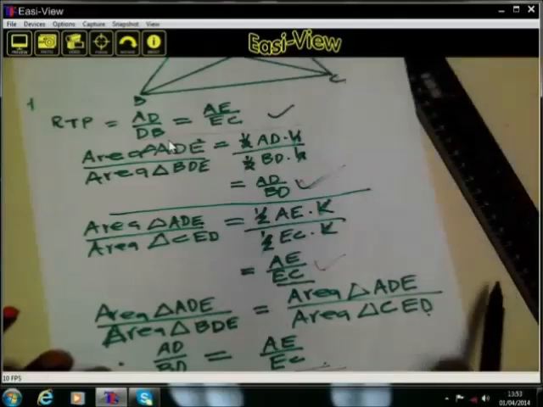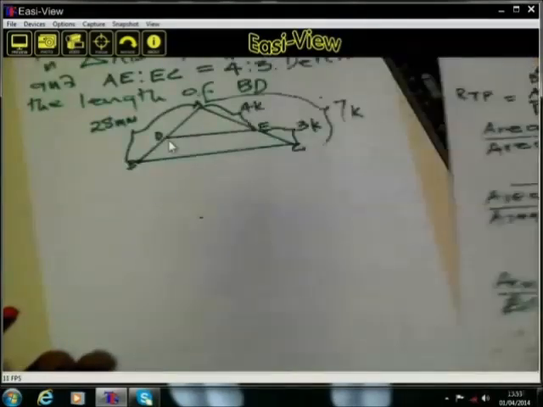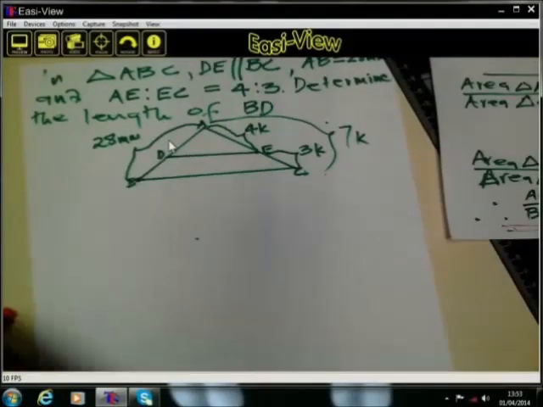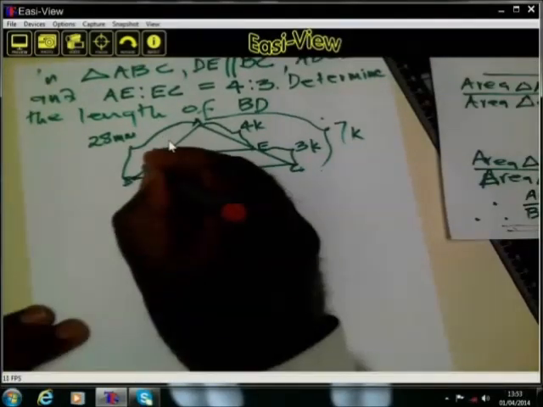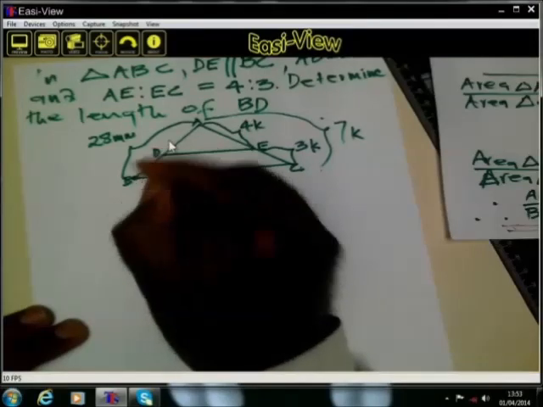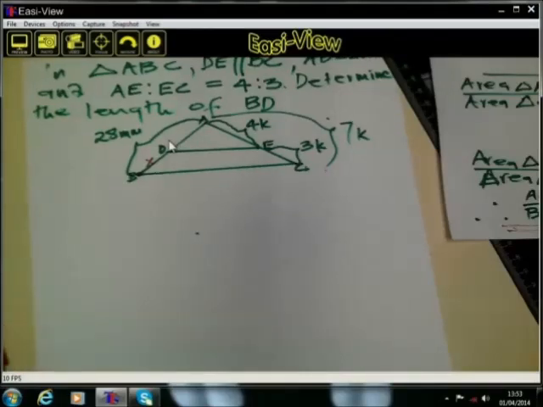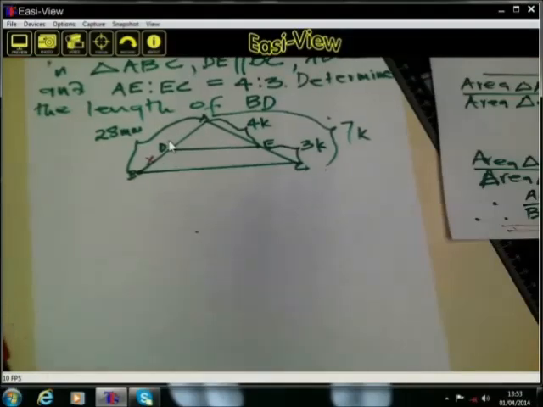That is what we have proved. Now we must use that knowledge to determine the length BD. I'm going to give you 5 minutes, learners, to go through this, and it's only a 2 marks question. Let's quickly do that. Take 5 minutes.